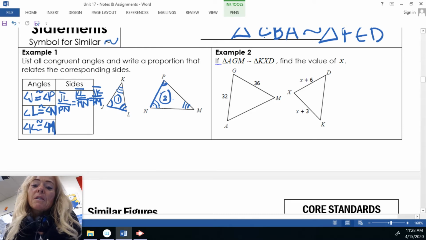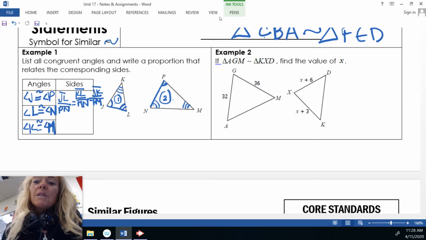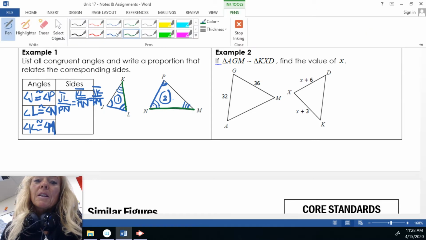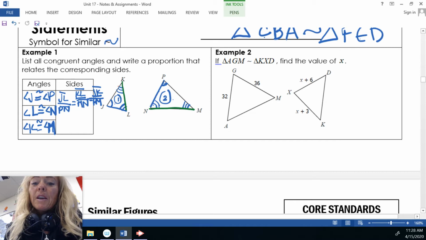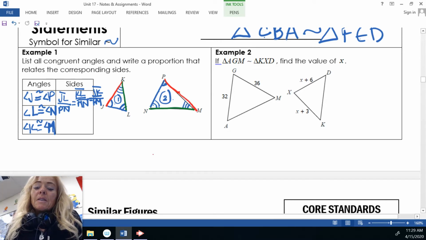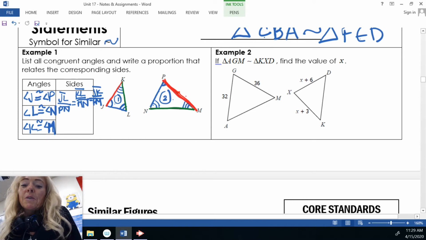So JL over PN is going to equal, I'm going to give it a different color, KL, this side, to MN, which is that side, and then JK, which is this side, over PM, this side. All right, so those sides have to be stated as scale factors or the ratio of two sides in order for us to have anything that's equal because the scale factors will be equal.